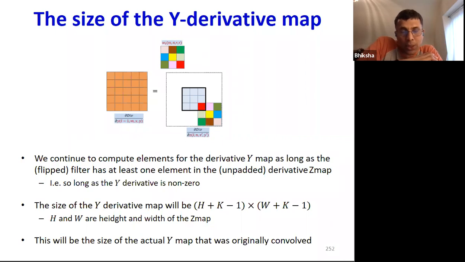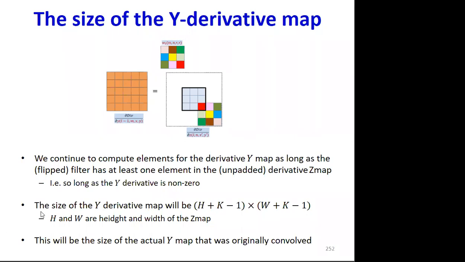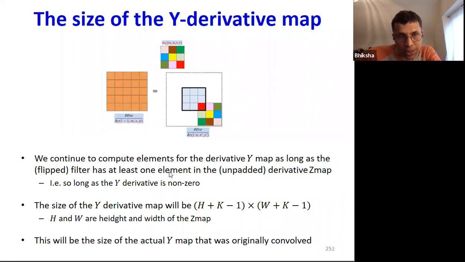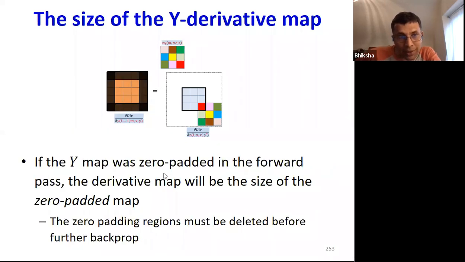Okay, so when you compute the derivatives going back, you should be able to compute the derivatives for the indices that you actually lost as well. When you go back, you recover those locations. So what happens if you zero pad?